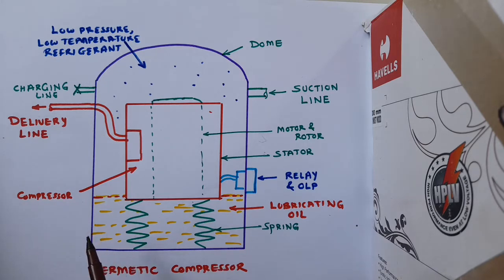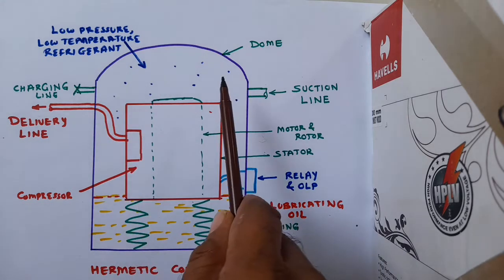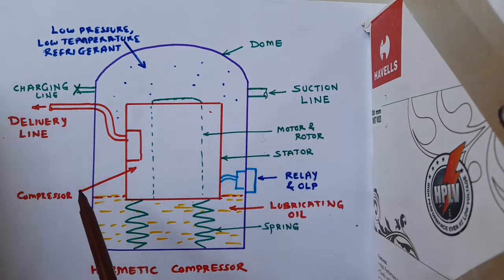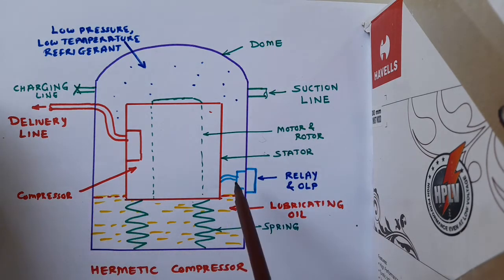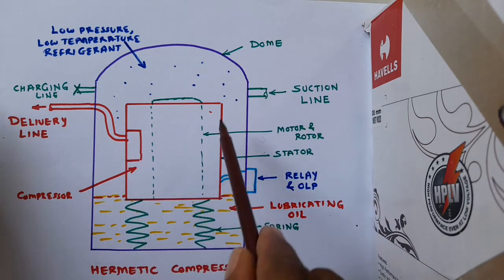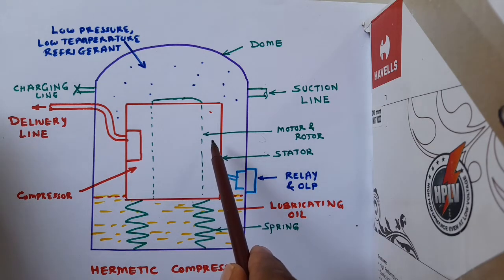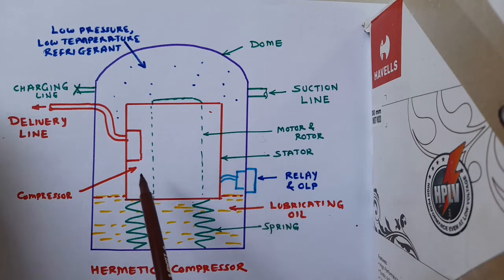Hermetic compressor consists of a shell, then this is the top portion of the shell, you can call it dome, and then there is a bottom portion of the shell. Inside this is fitted a motor and rotor assembly. Then there is a stator winding, and then there is a compressor body here.